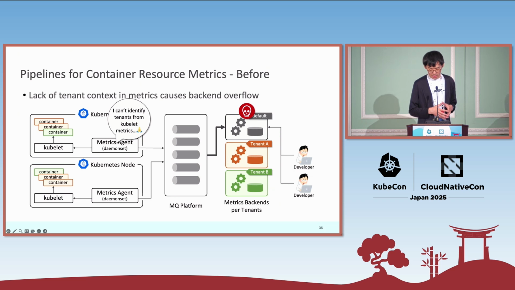The issue was that the metrics agent couldn't identify the tenant of the container just by looking at the metrics from the kubelet. In other words, the tenant context of the metrics is lost through the agent. And without tenant context, all metrics are stored in a single default tenant, which causes overloading of the default tenant.